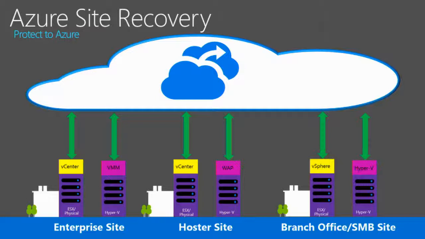They would not have a vCenter. Similarly, on the Hyper-V side, the enterprises will have a VMM, the service provider will use a WAP stack, and your branch offices will probably have Hyper-V plain vanilla without a management head. So you can use Azure for all the segments, for enterprises with branch offices or SMB. It's kind of enterprise-grade replication and protection for your SMB scenario as well.